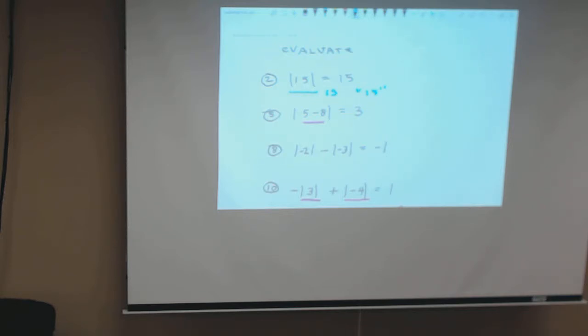Yeah, well, what about this one? The absolute value of negative 15 is what? 15. That's really dumb. No, it's absolute value. That's what it is. And pages 351 and 352 tell you that.